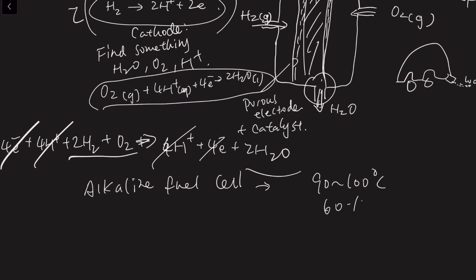I suspect the reason for the lower efficiency is that the acid fuel cell operates at a high temperature, so some of the energy from this combustion is actually used to heat up the fuel cell. So you get a lower overall efficiency.